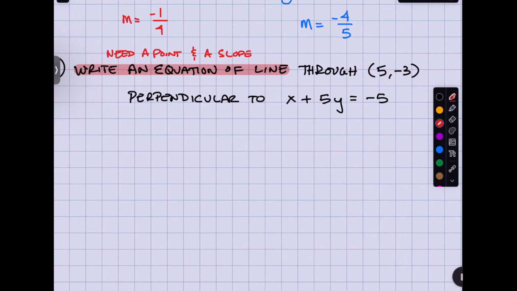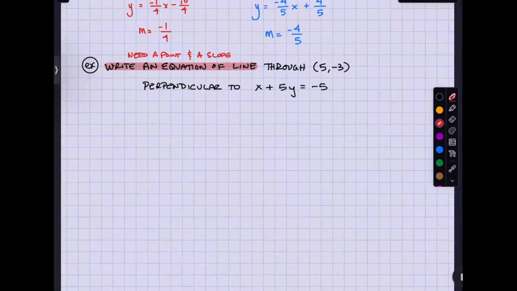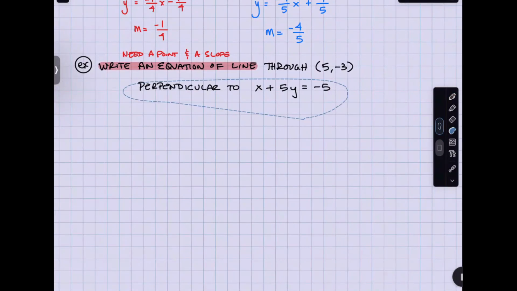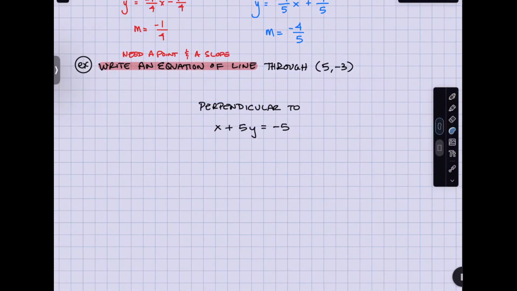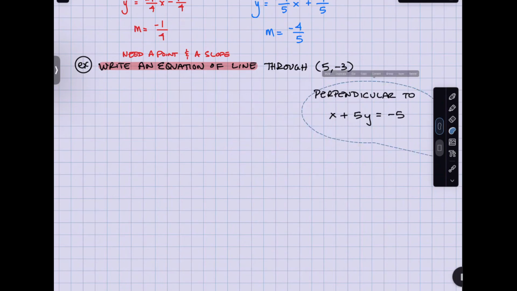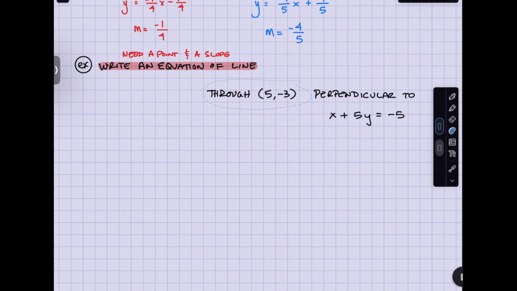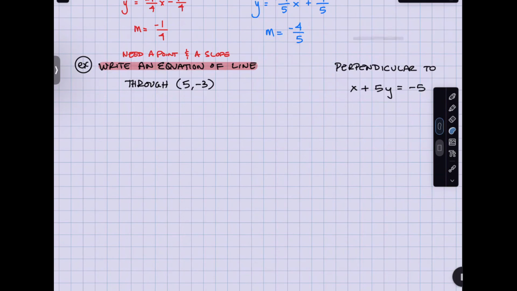All right, so this is the way I tell the story. So this right here, guys, has nothing to do with our line, as we were just saying. Okay? So this poor lady here wants an equation of a line. And poor lady only has a point, doesn't have a slope.